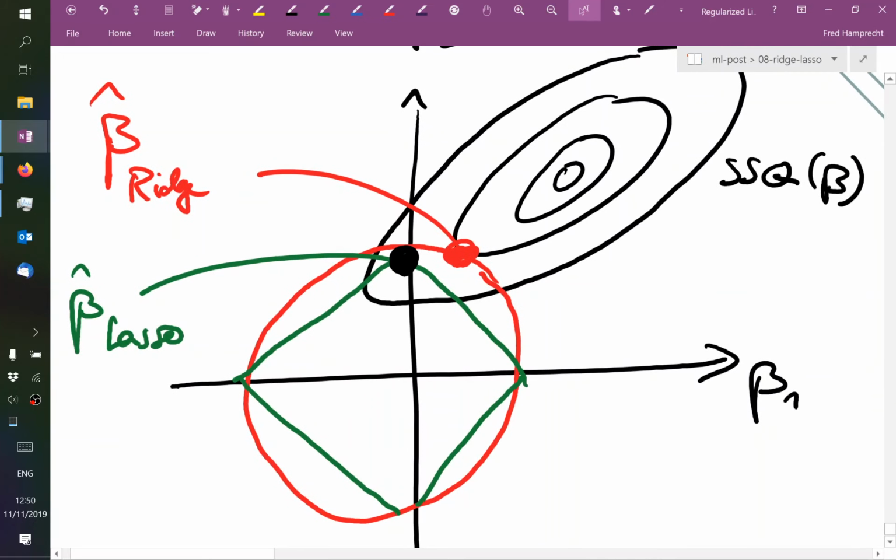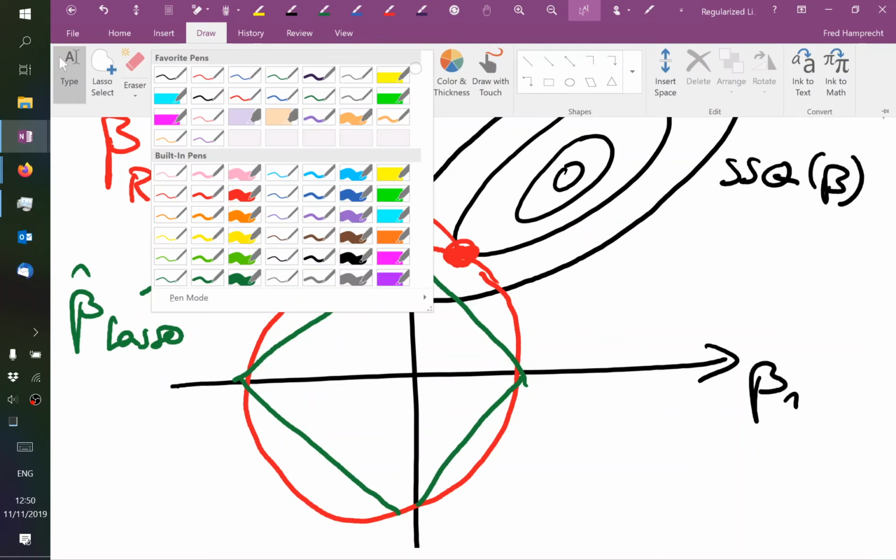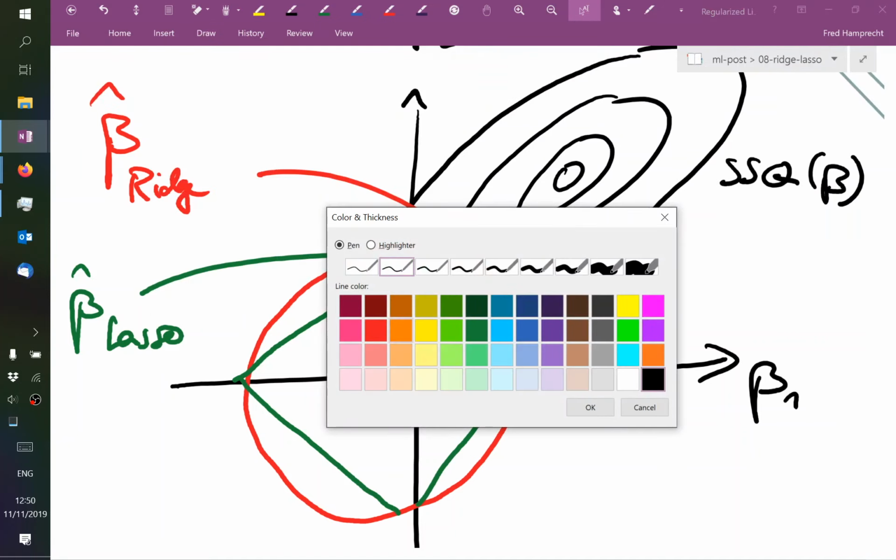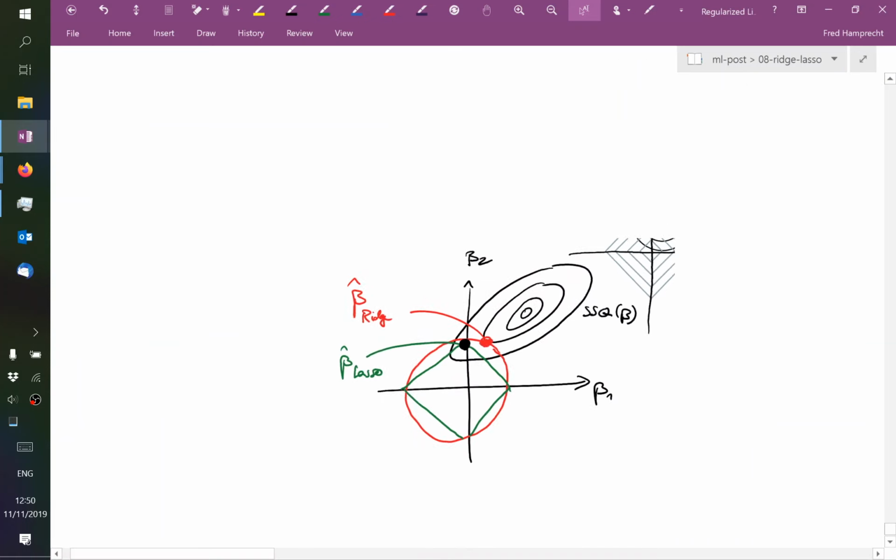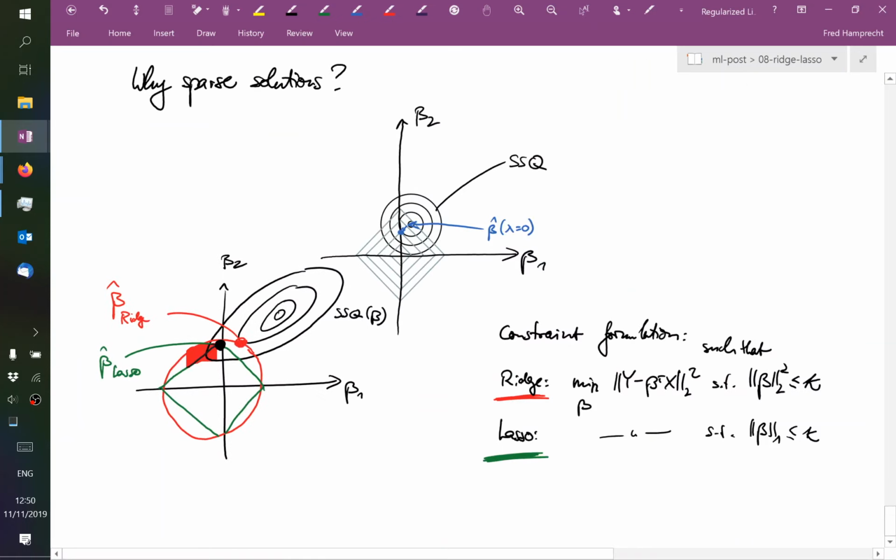Remember that the sum of squared things, this is a parabola located here. I'm going to draw it a little bit differently. In the case of ridge, we're now saying we're looking for the optimum solution which lies anywhere inside this circle.